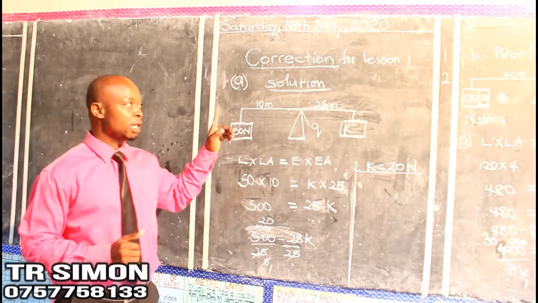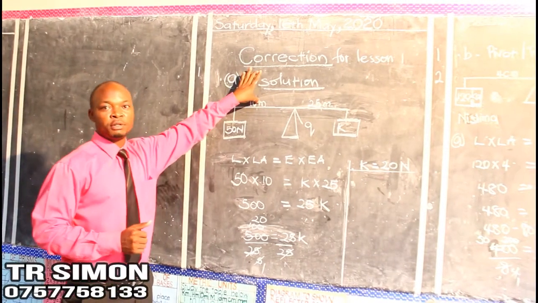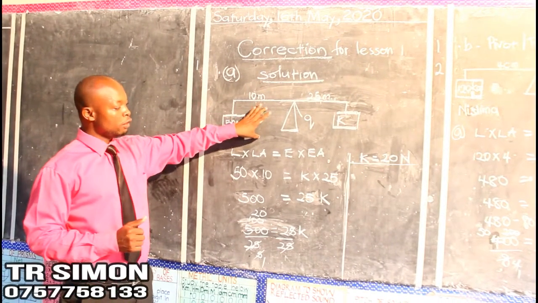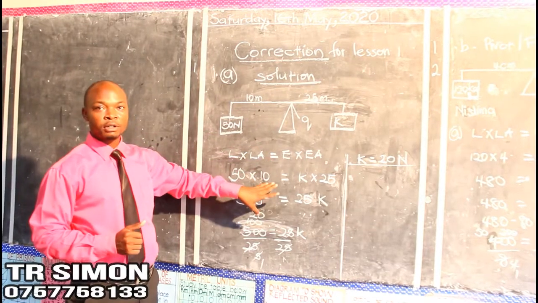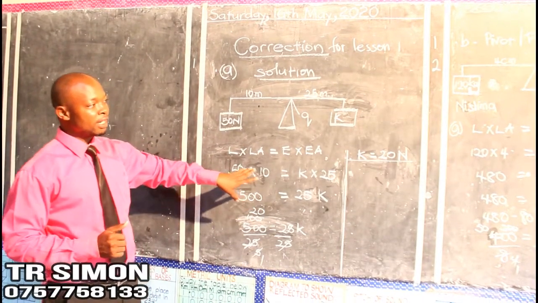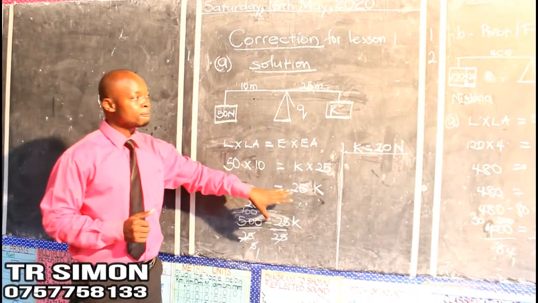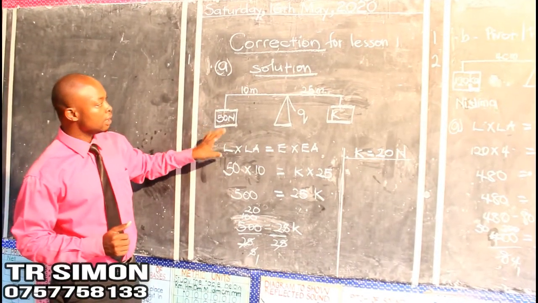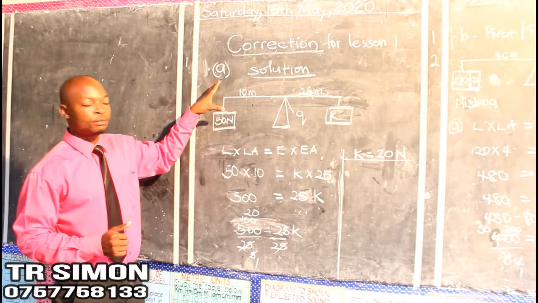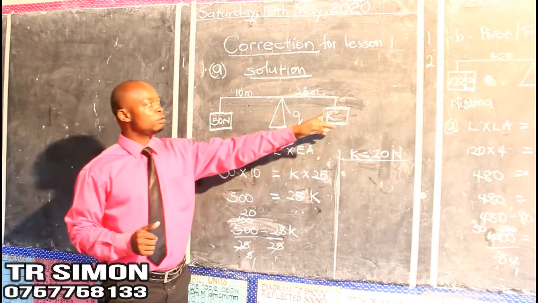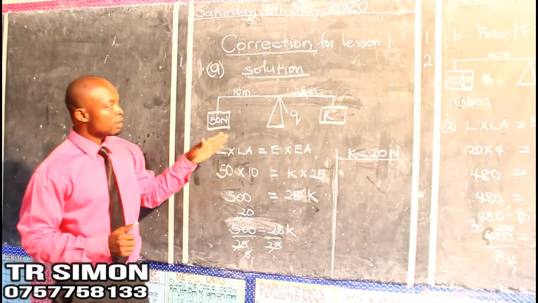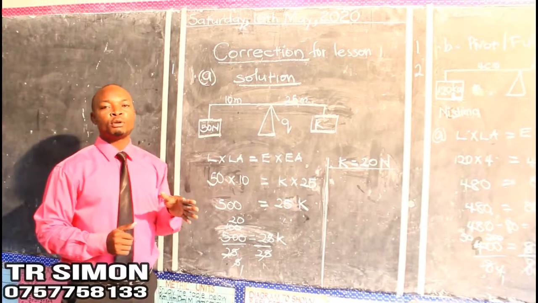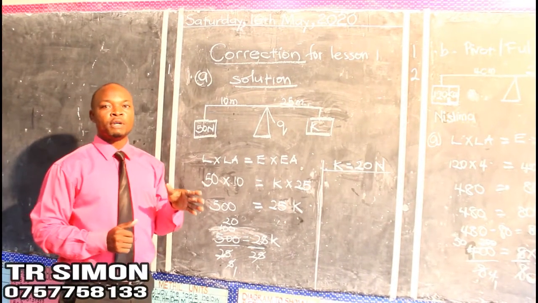We have to make correction, of which I've displayed here, and you need to follow these steps such that you find the best answer. We had the number 1, which I've explained, like we said, the clockwise moment is equal to the anti-clockwise moment in relation to the principle of moment.